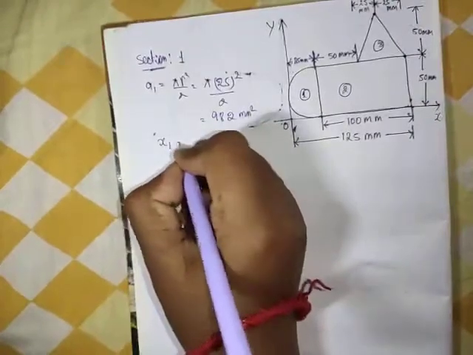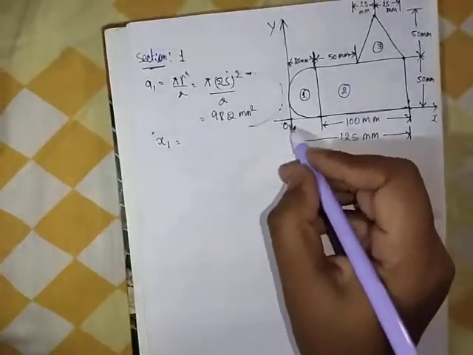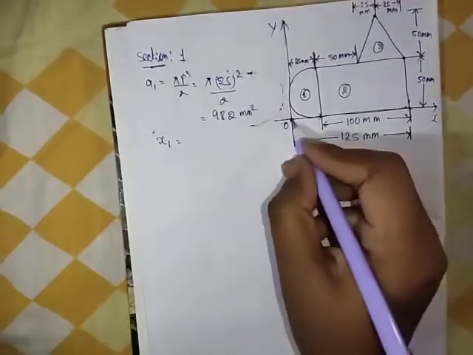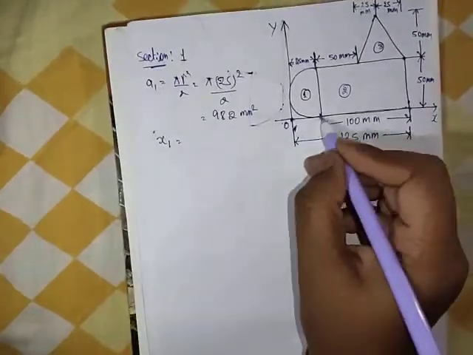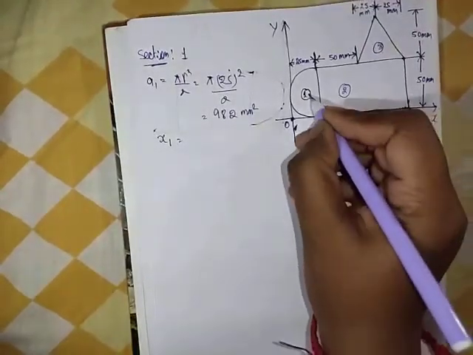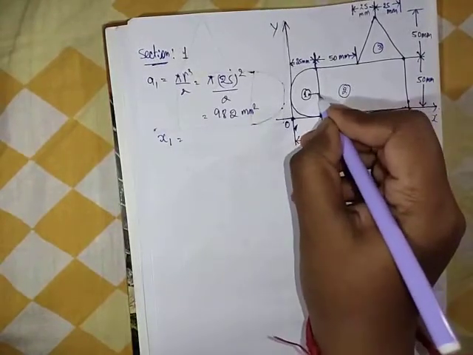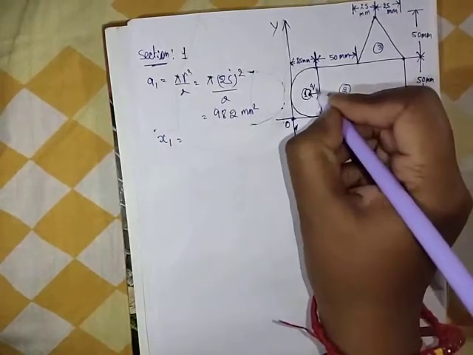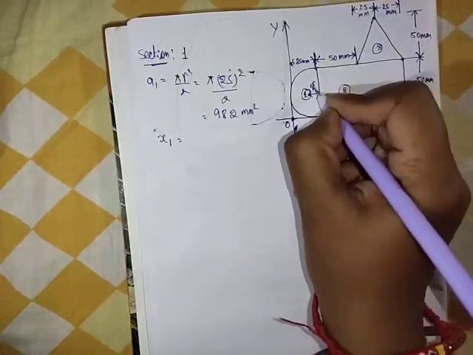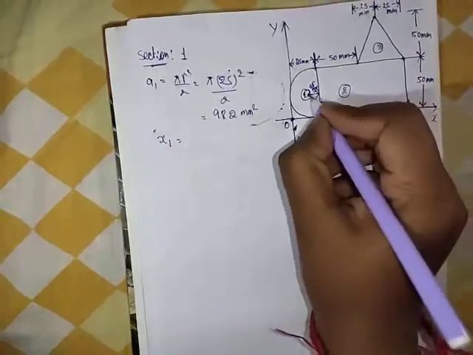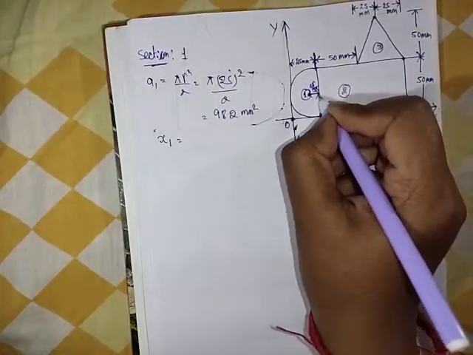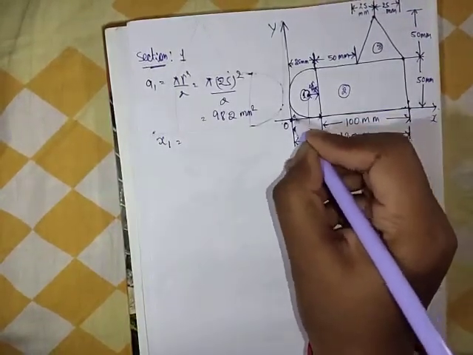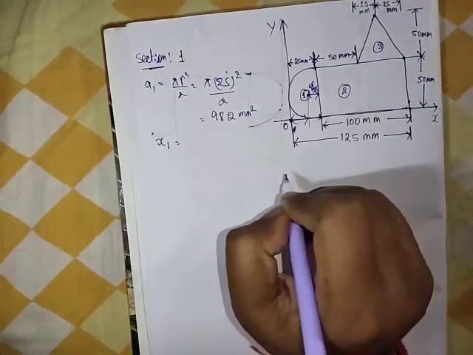Next, what is x1? This is the origin, and we are going like this, onwards. What is the formula for the center of gravity of a semicircle? If this is the center of gravity, this distance is 4r by 3 pi. So what is your x1? This distance is our x1.